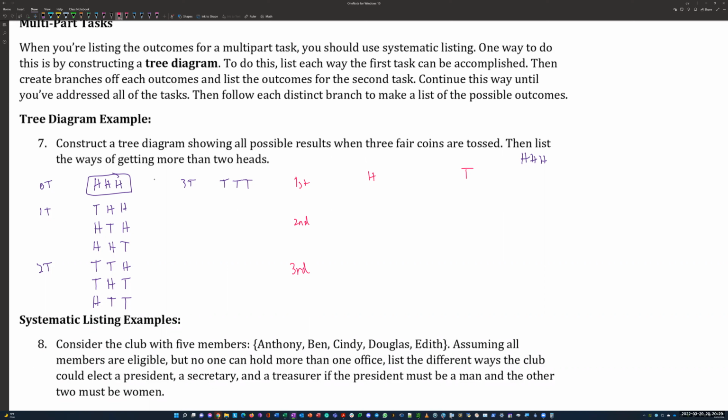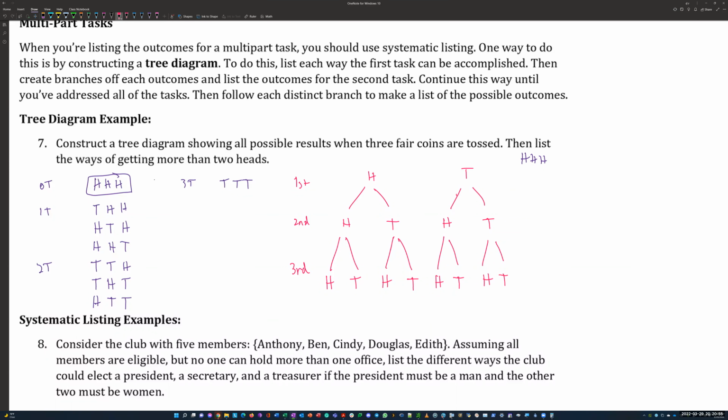If the first coin was heads, the second coin could either be heads or tails. If the first coin was tails, it could either be heads or tails also. Then the third coin, if the first 2 coins were heads, could be either heads or tails. Same thing for the other branches.